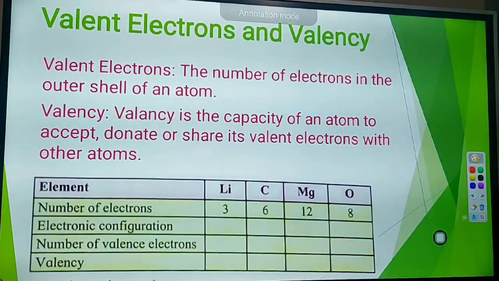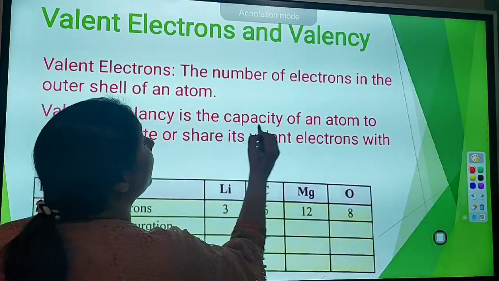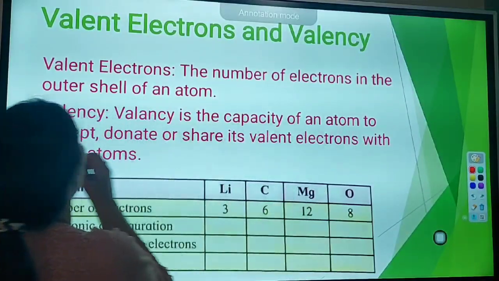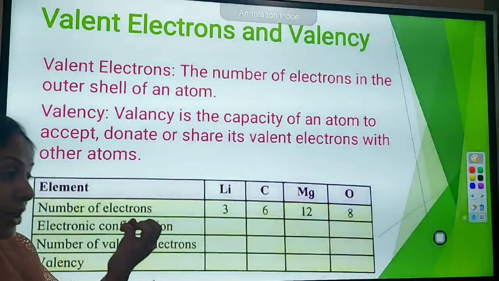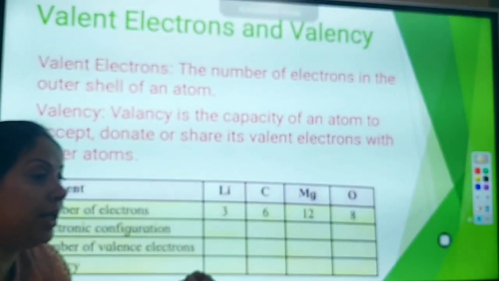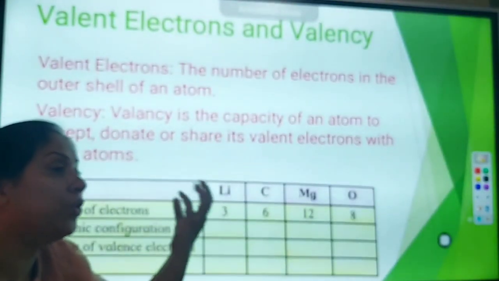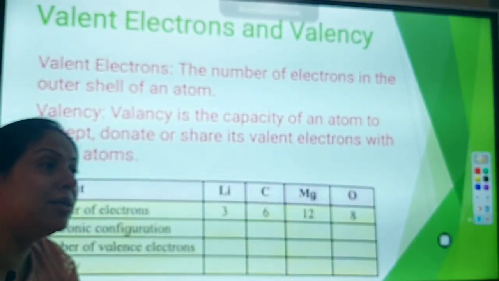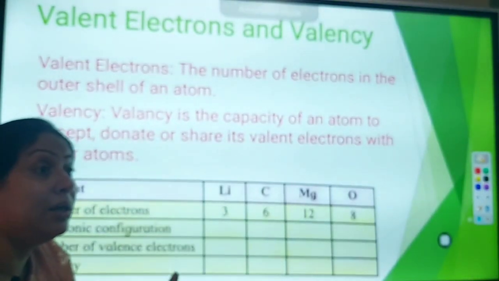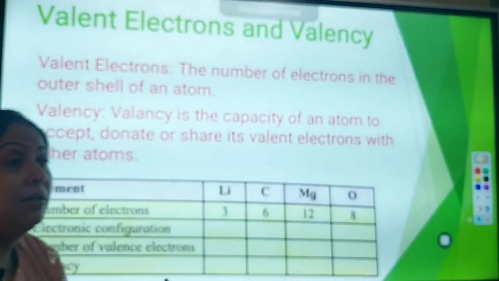What is valency? The valency is the capacity or ability of an atom to accept, donate or share its valent electrons. Whatever electrons are in the last shell, it can either donate, accept or share to attain stability.